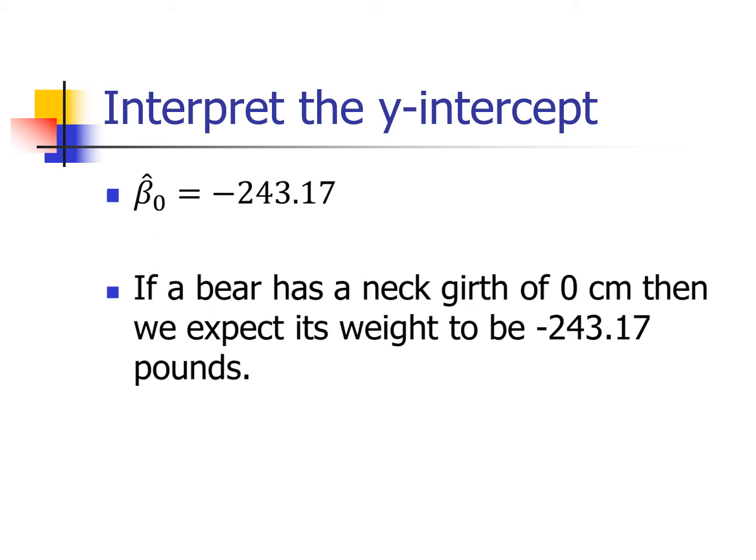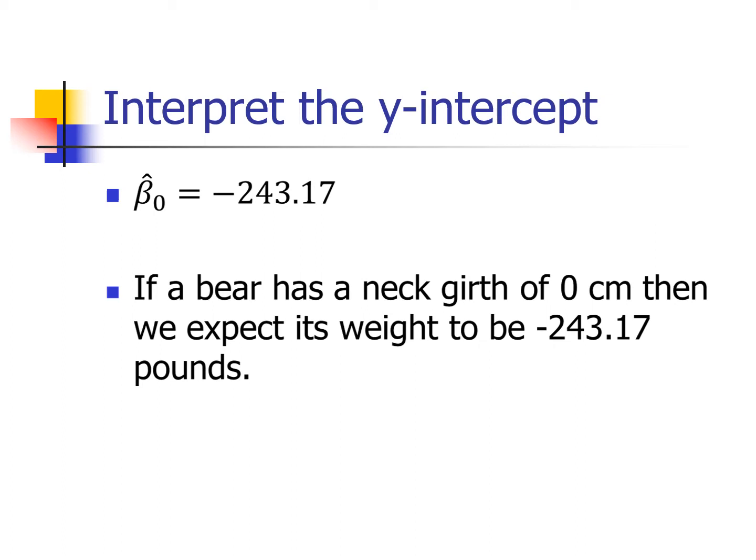The y-intercept, beta naught hat, is negative 243.17. That says that if a bear has a neck girth of 0 centimeters, that's a scrawny pencil-necked bear, then we expect its weight to be negative 243.17 pounds, which makes us say, what the? How can a bear have negative weight?